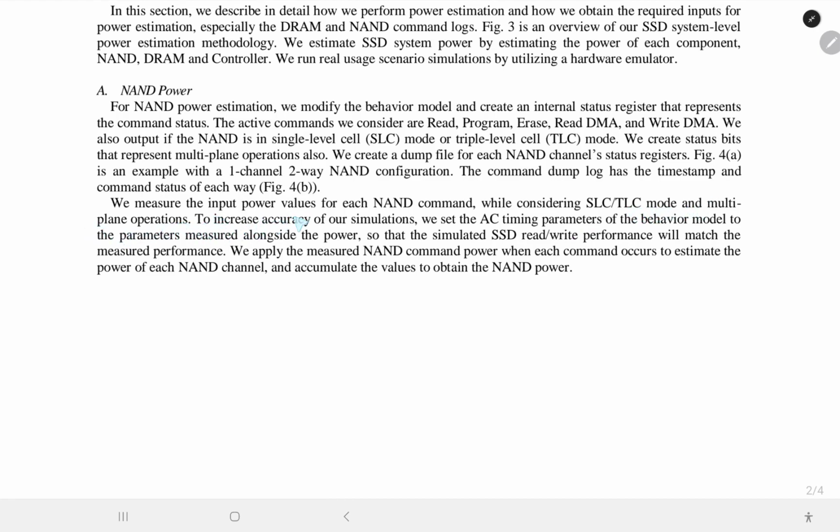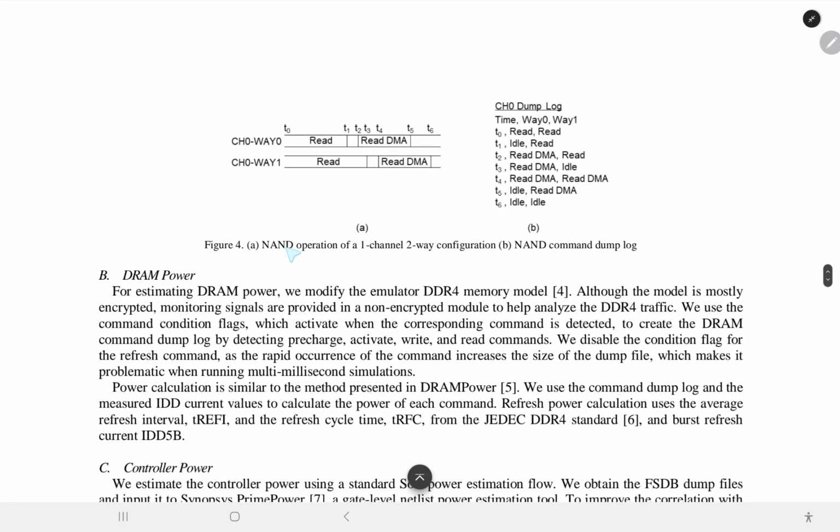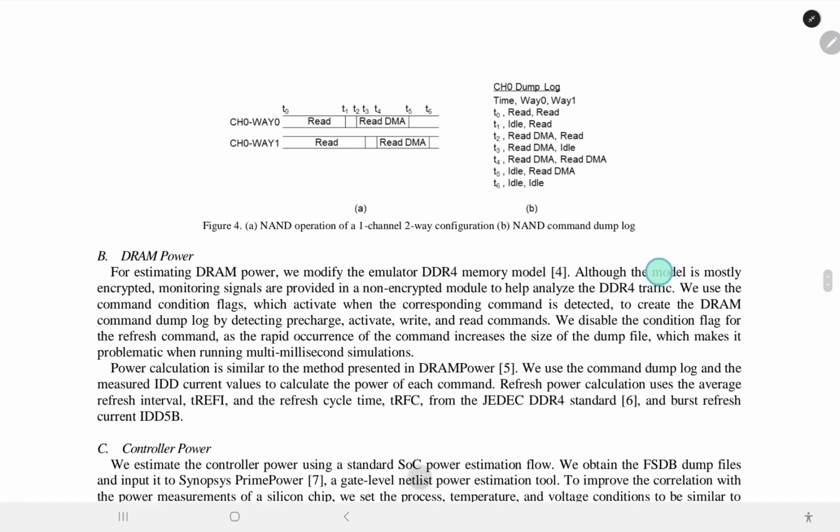To increase the accuracy of our simulation, we set the AC timing parameters of the behavior model to the parameters measured alongside the power, so that the simulated SSD read-write performance will match the measured performance. We applied the measured NAND command power when each command occurs to estimate the power of each NAND channel, accumulating the values to obtain the NAND power. Figure 4: NAND operation of a one-channel two-way configuration and NAND command dump log.